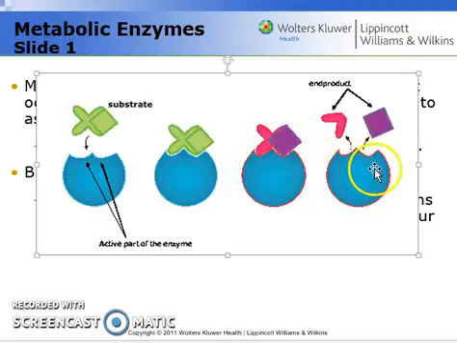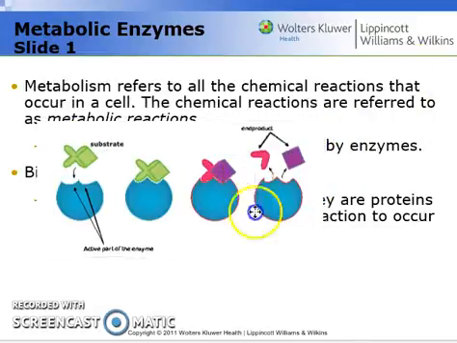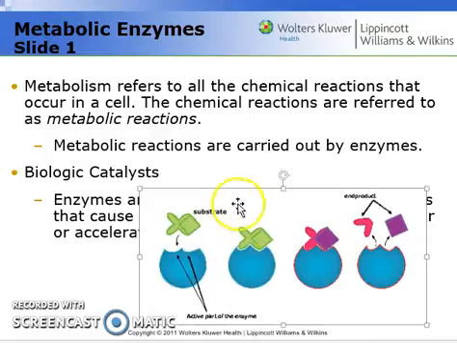At the end of the reaction, you have two end components that have been separated or broken down, a pink component and a purple component. So this is what we mean when we're talking about using enzymes to expedite a reaction, so that you can break apart molecules.